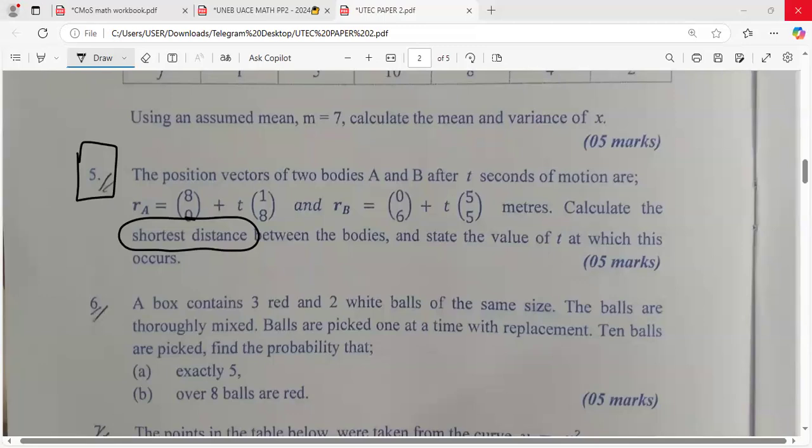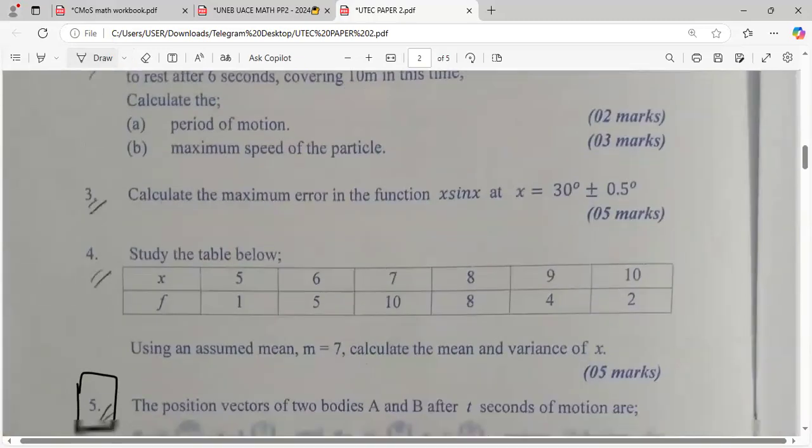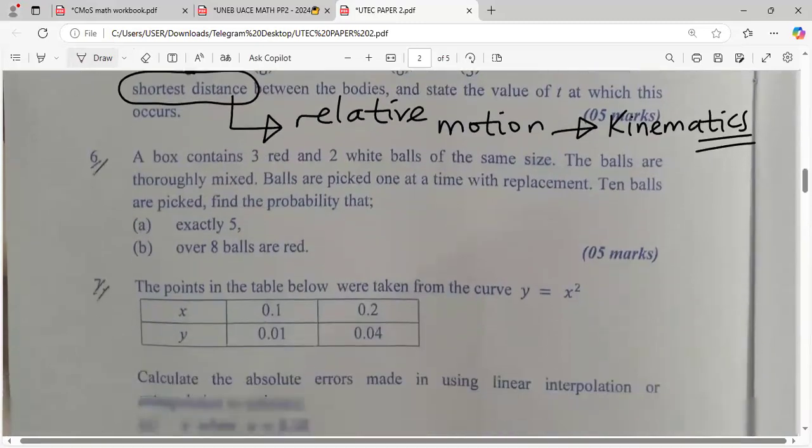So here, the shortest distance is something that is studied in relative motion. We know relative motion, we see this in kinematics. Then we saw the question ready for dynamics.